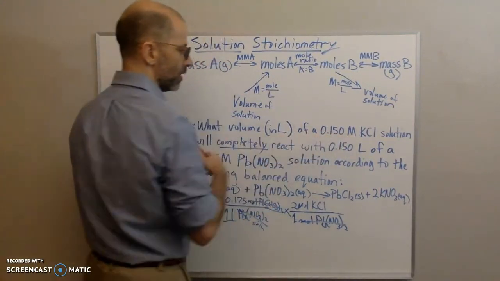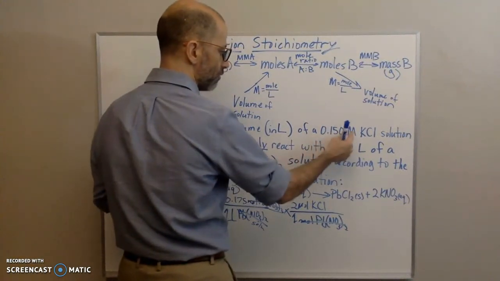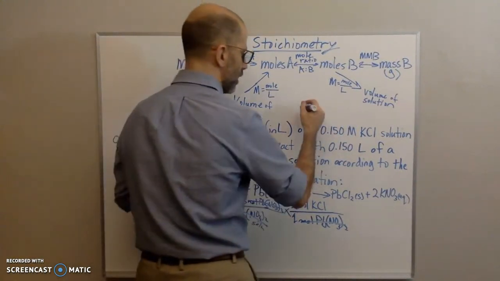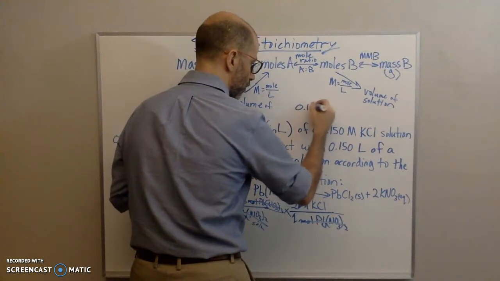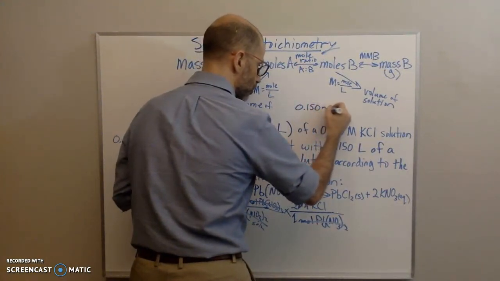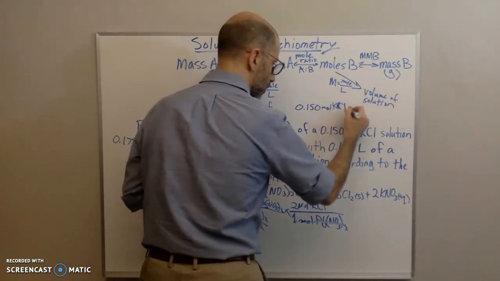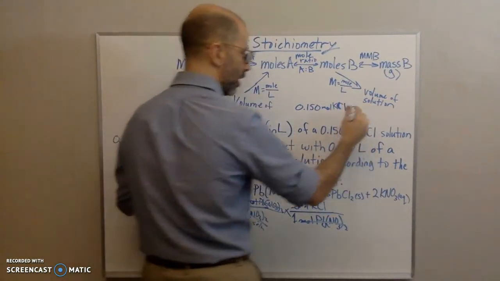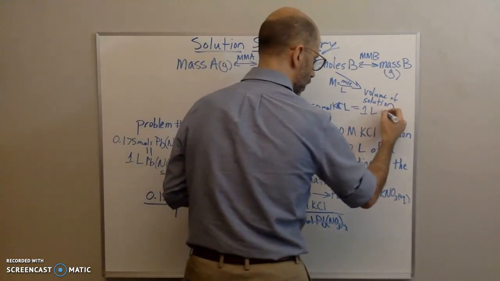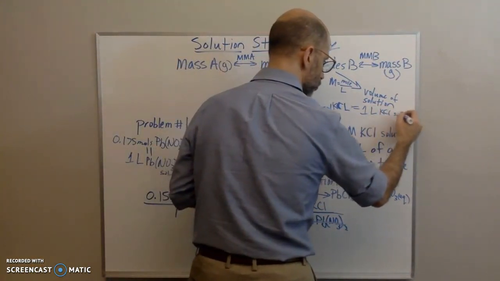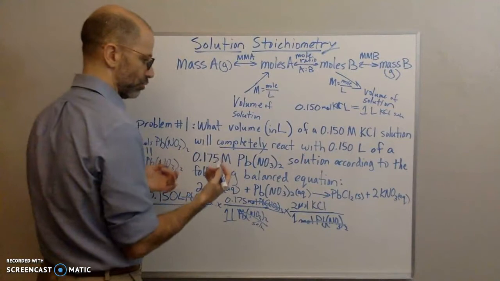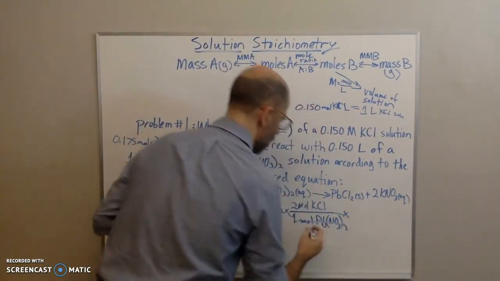So here, this is 0.150 molar, which means that I have 0.150 moles of the KCl in 1 liter of the KCl solution. Okay, so I can use that as a conversion.